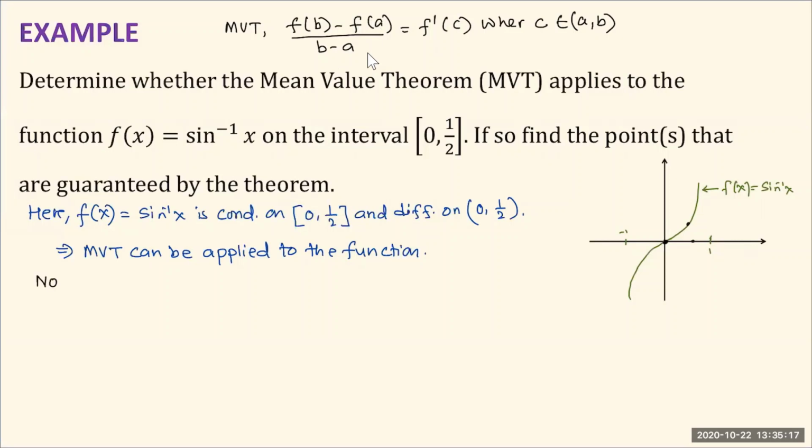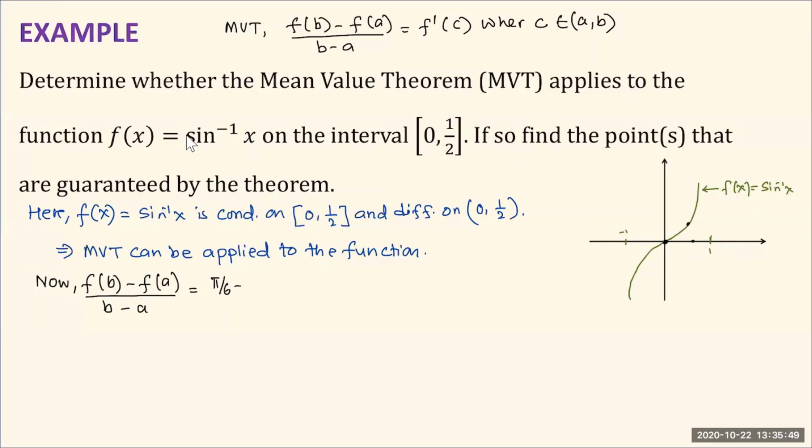Now, f of b minus f of a divided by b minus a is equal to, okay, our a is 0 because we are talking from x equal to 0 to x equal to half. So a is 0 and b is half. So f of b will be sine inverse half. Sine inverse half is pi over 6. From trigonometry, we know that. Then minus f of a.